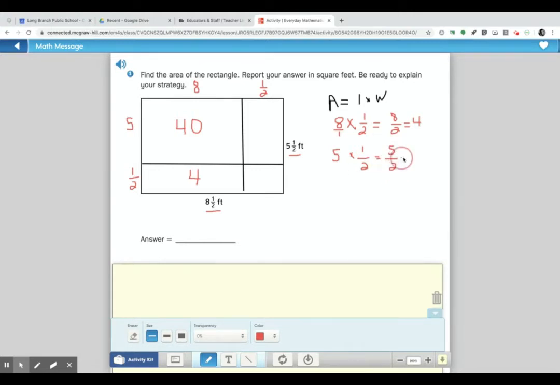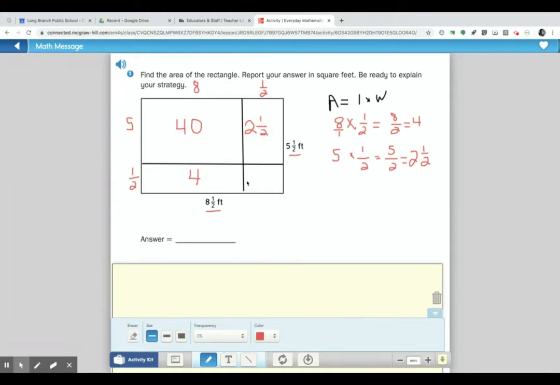So here we have now an improper fraction, which we want to convert into our mixed number, very similar to what we did for our warm-up. So 2 can go into 5 two whole times because 2 times 2 is 4, and I have 1 left over. So that 1 left over is your numerator, and we always keep our denominator. So we have 2 1/2. So up here in this rectangle, I'm going to write 2 1/2.